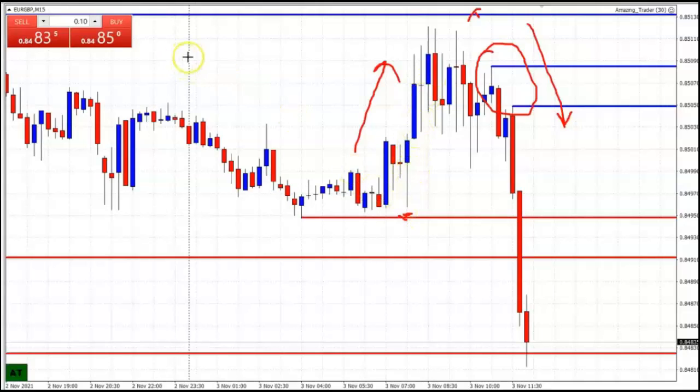So this line was a new line on the way up. Now it becomes an old line once the episode shifted to the downside. And you can see the market ran stops here. We had an older line over here, ran stops again, and then another older line over here, market ran stops here.